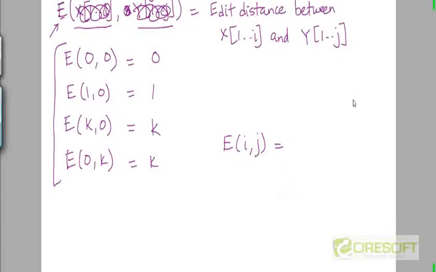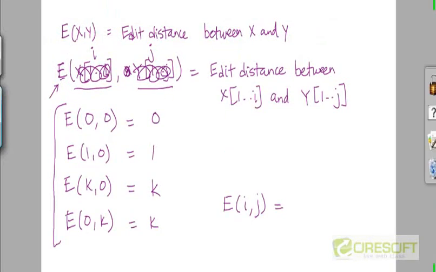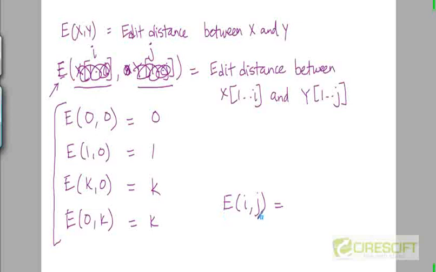So let's try to derive a formula now. Does anybody want to try this? What is the value of the edit distance between the first i characters of x and the first j characters of y?